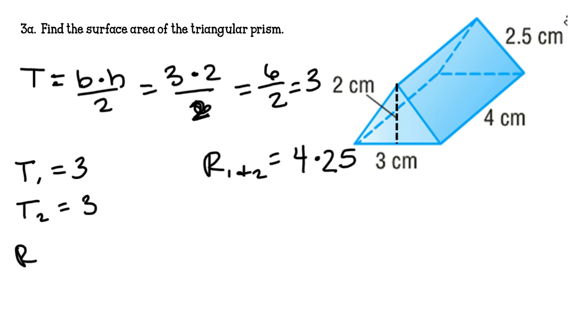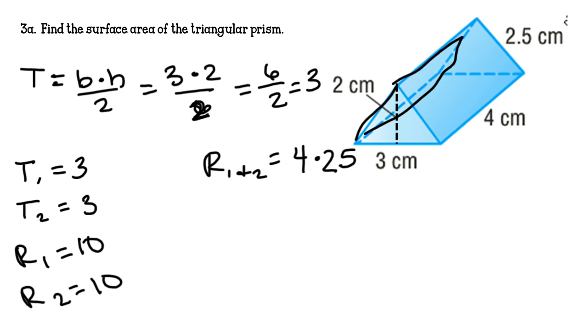So rectangle 1 is 10, and rectangle 2 is 10. And that's these right here. But then if you look, the one that it's sitting on is 3 by 4. So rectangle 3 is 3 times 4, which is 12.